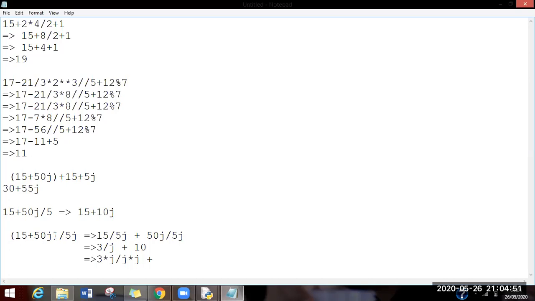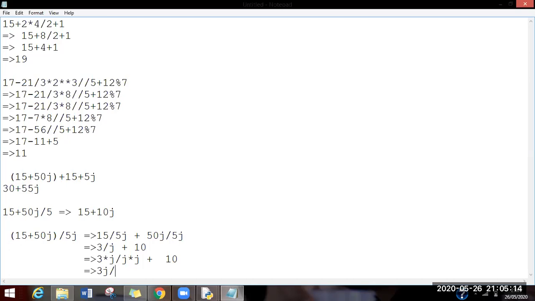But what this operation has done for me is that 3 into j will give you 3j, no problems with it. But when you multiply, the denominator becomes j square, or as you have studied in imaginary numbers, i square.